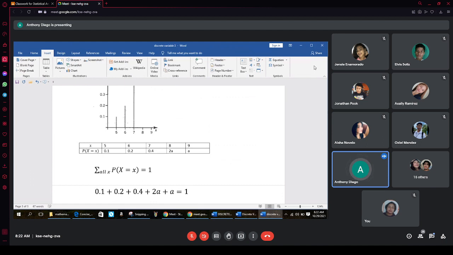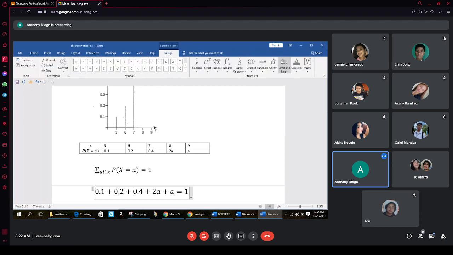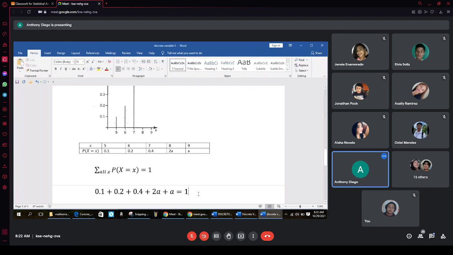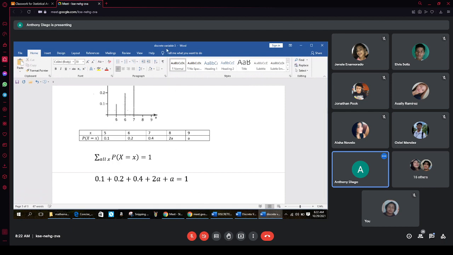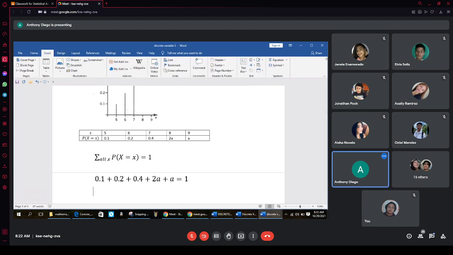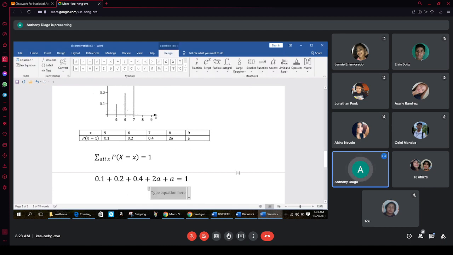So that implies then, when we add 0.4, 0.2, and 0.1, we're going to get 0.7. So that will be 3a plus 0.7, and that will equal 1.